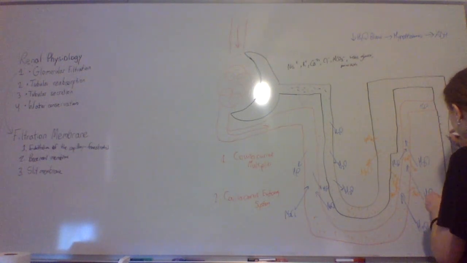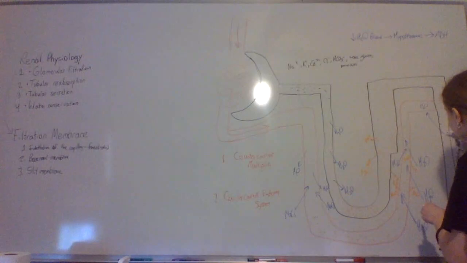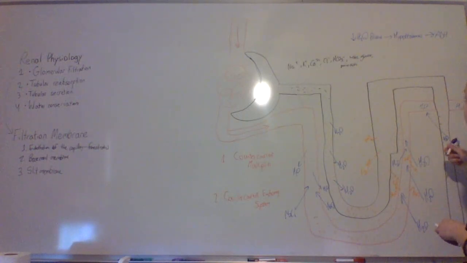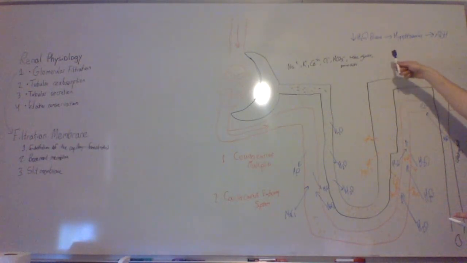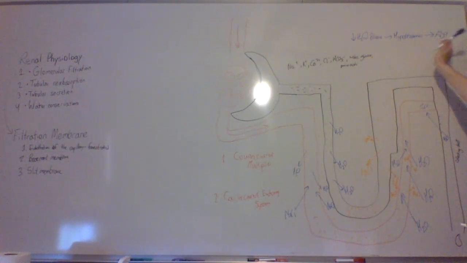So water goes out here. If you remember, when there's low H2O in the blood, the hypothalamus senses it, secretes ADH, and that increases permeability of the collecting duct, which lets water go out and get reabsorbed back into the blood.